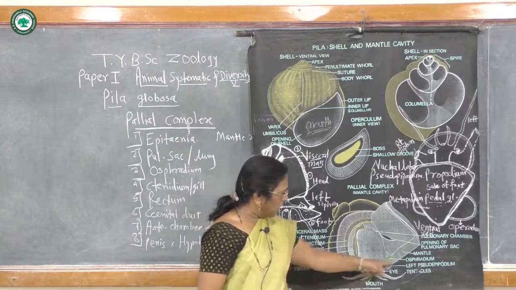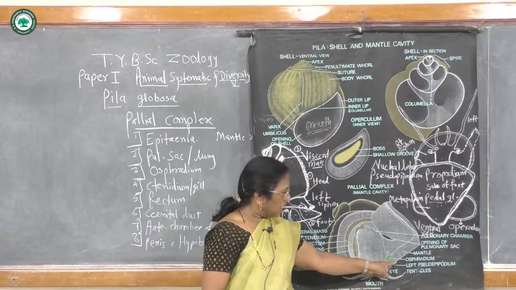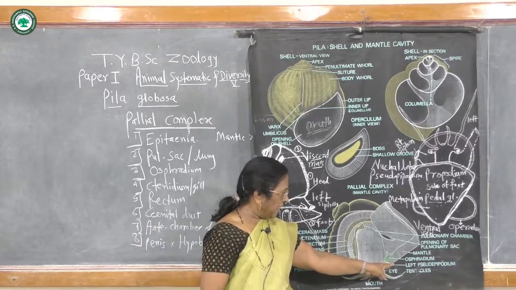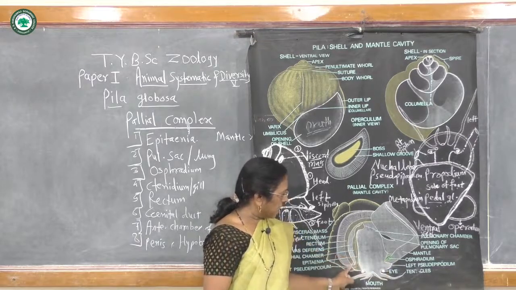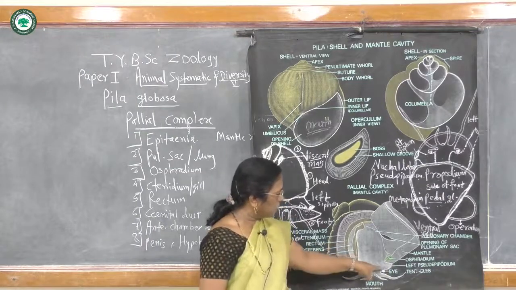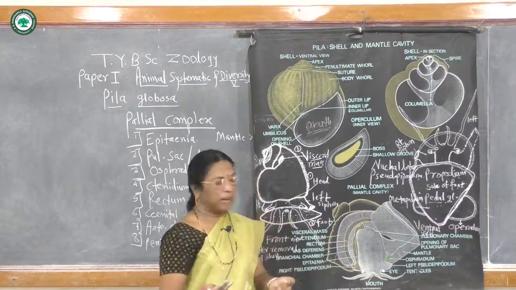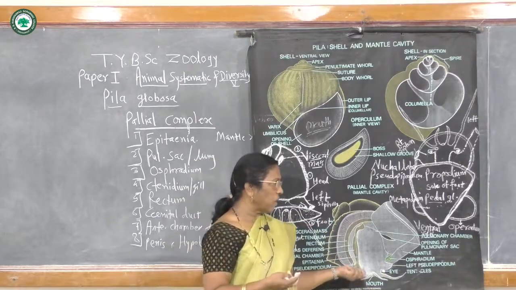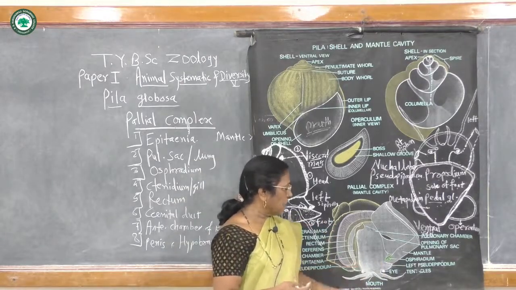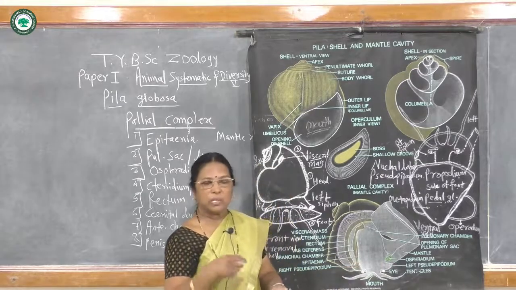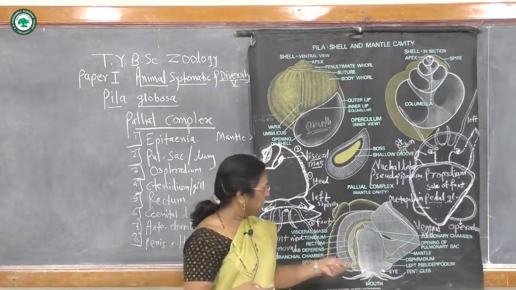The mantle wall becomes thick and pigmented to the anterior side and encloses a cavity at the head region. Inside this there is a flap-like structure, which is called the cavity. That cavity is also called the mantle cavity.